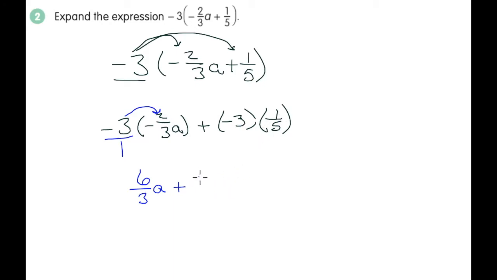So that would be plus a negative 3 times 1 on top here is a negative 3/5. We could simplify and clean this up a little bit. 6 divided by 3 gives us 2a, and instead of plus and negative, we'll just write that as minus 3/5.